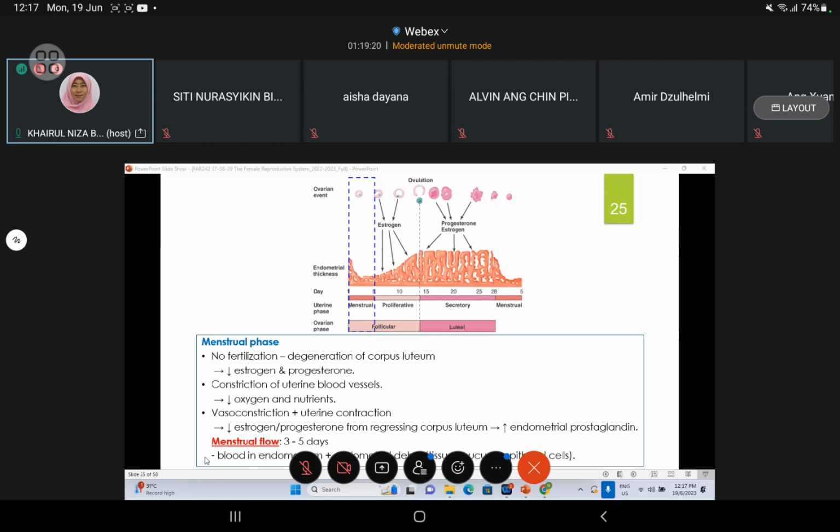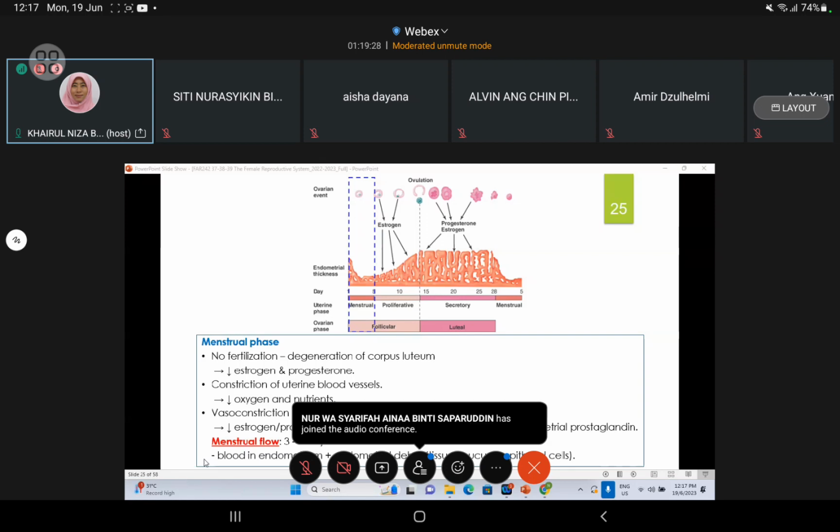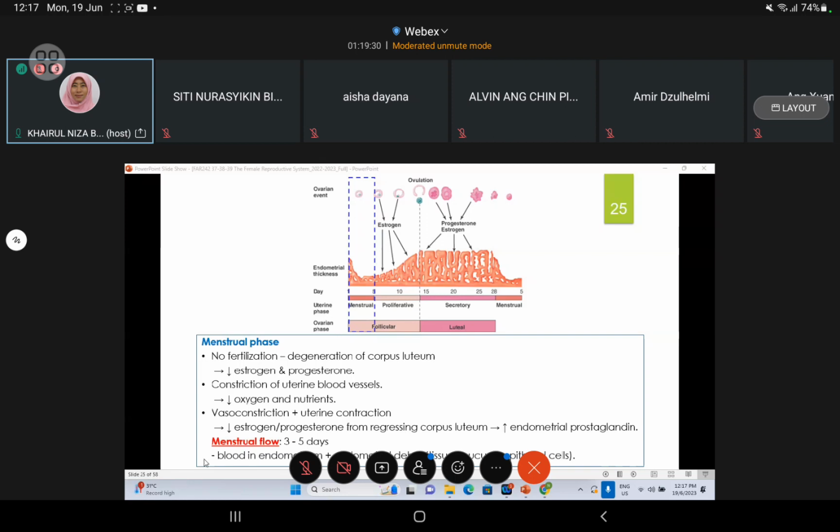Okay, what is released during menstruation is blood from the endometrium, because you know that the endometrium is heavily supplied with blood vessels, as well as endometrial debris, which includes tissue, mucus, and epithelial cells within the endometrium.